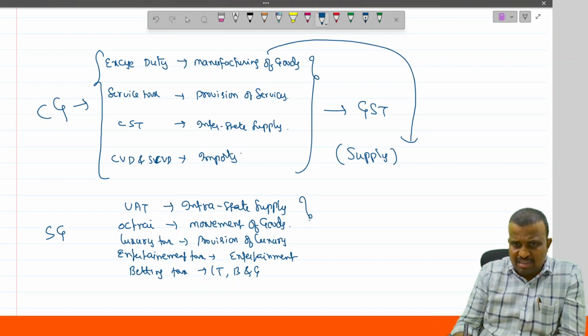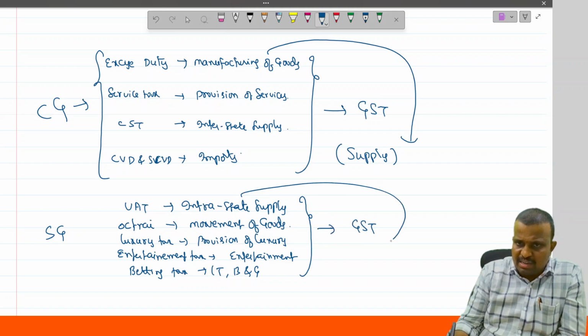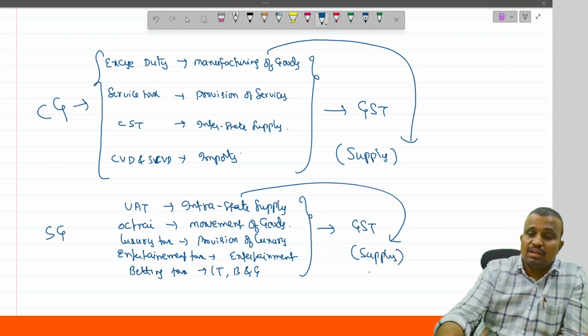These are also subsumed under the purview of GST. And again, these are also covered under the definition of supply.